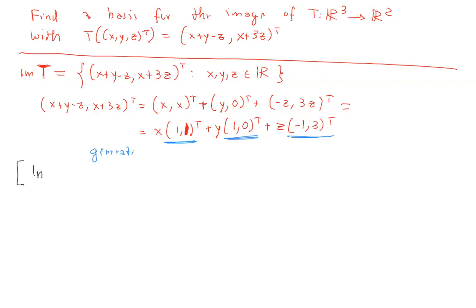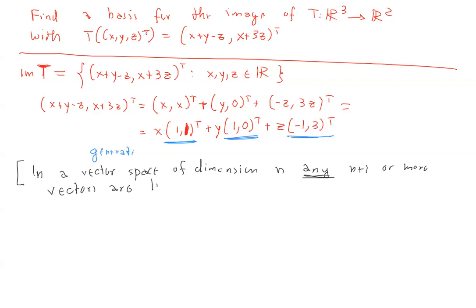In a vector space of dimension n, n plus 1 or more vectors are linearly dependent.